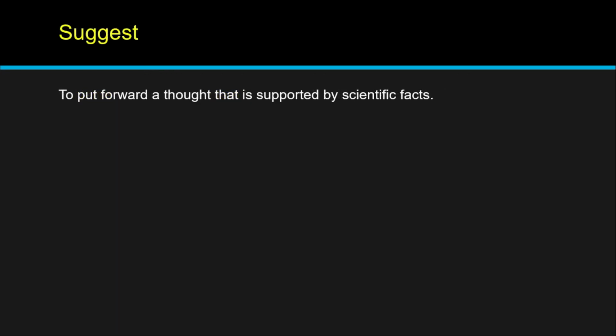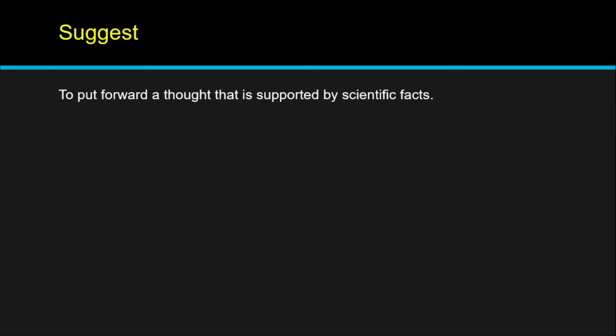Suggest: to put forward a thought that is supported by scientific facts. So just don't go about suggesting any old thing, saying this is what it is because I think that is what it is, or I saw it in a cartoon, or I heard some men on the street.